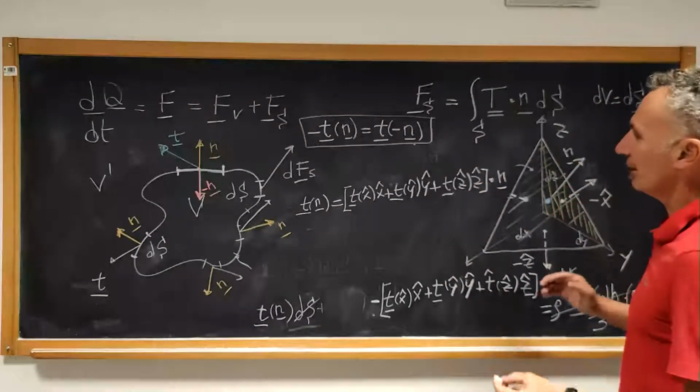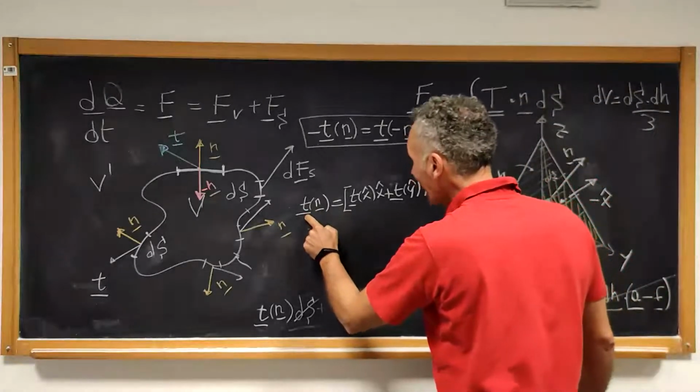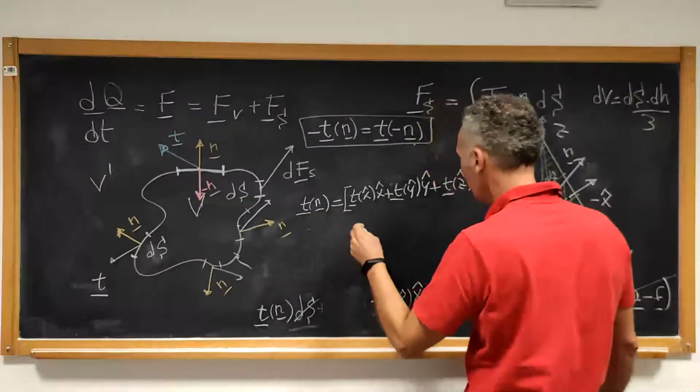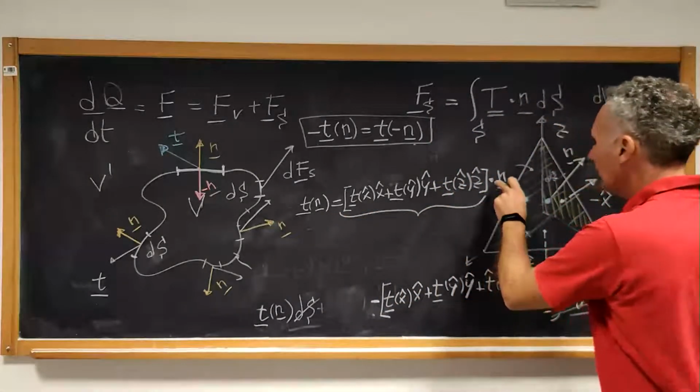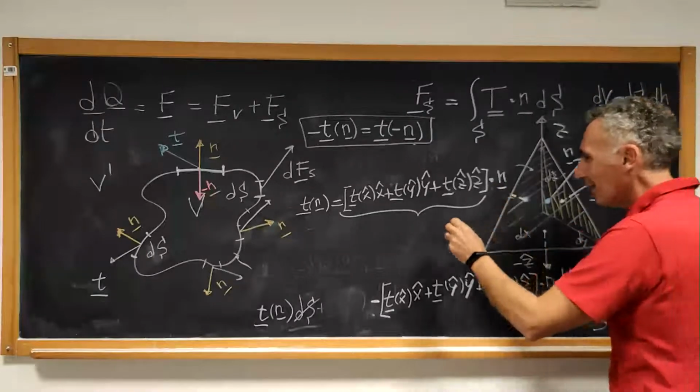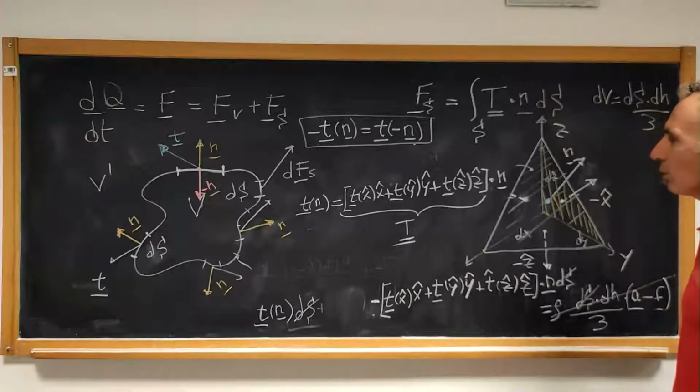And this is exactly what I need. So this tells me that the state of tension at one point is given by this expression dot n. And this expression is exactly the tensor I was looking for.